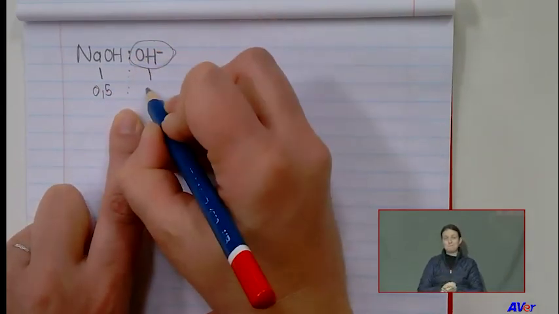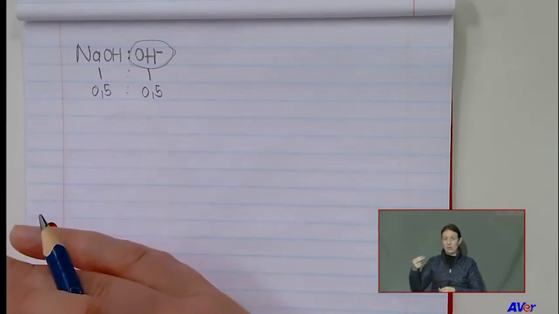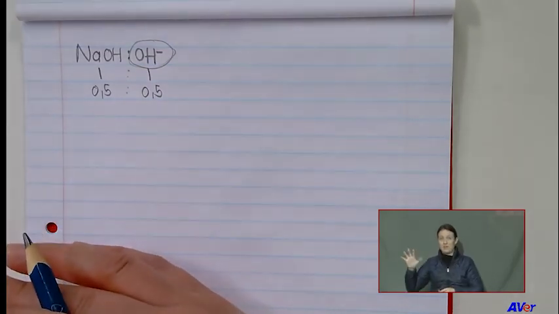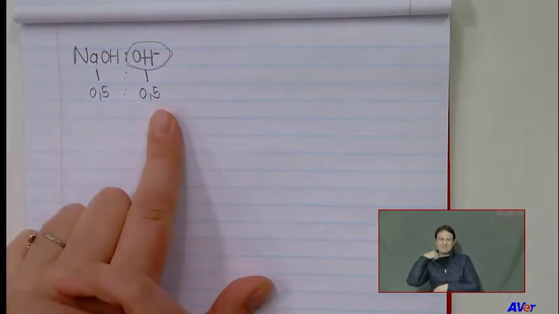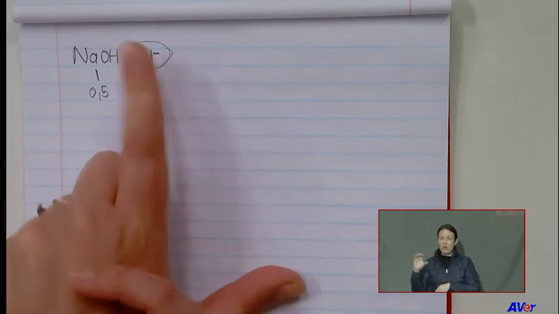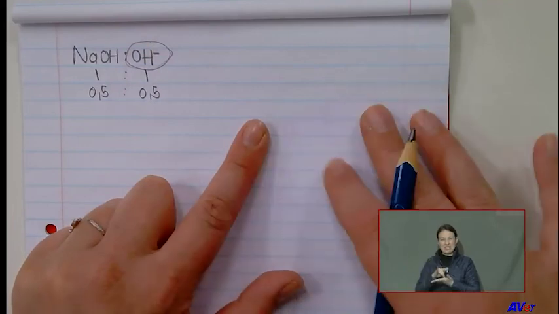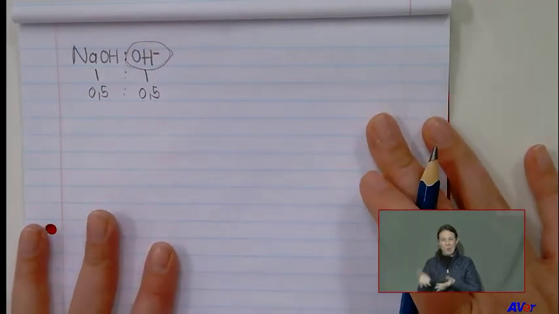So the concentration of hydroxide is also 0,5. You agree? What is my problem here? I need the concentration of the hydronium ions, not the hydroxide ions, to calculate pH. So how am I going to calculate the concentration of hydronium ions? I don't have enough information, do I? So what am I going to do?